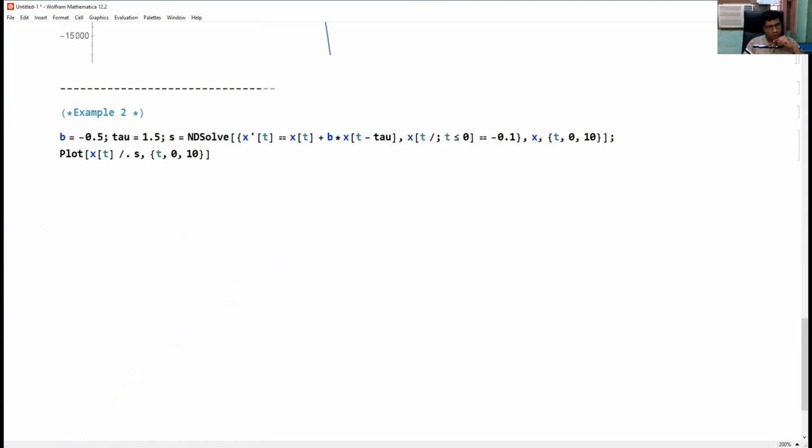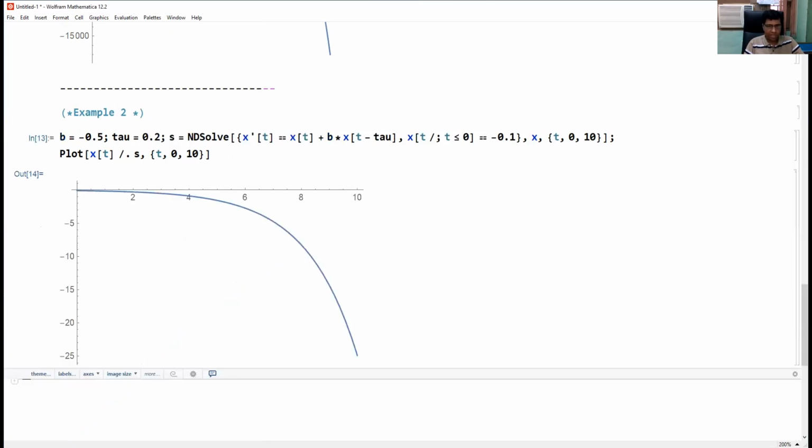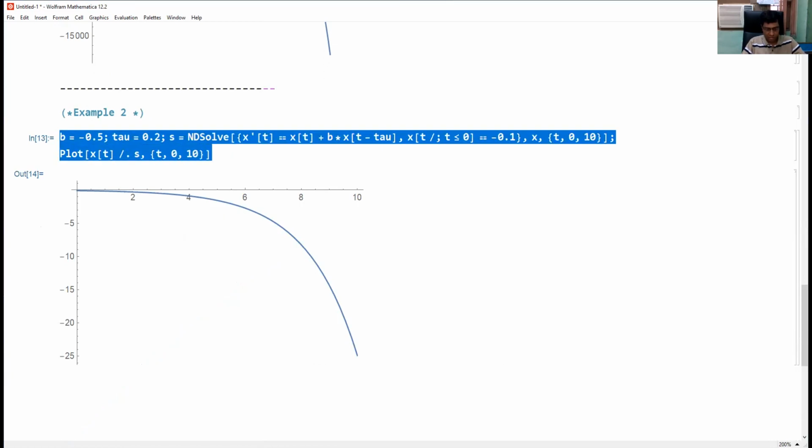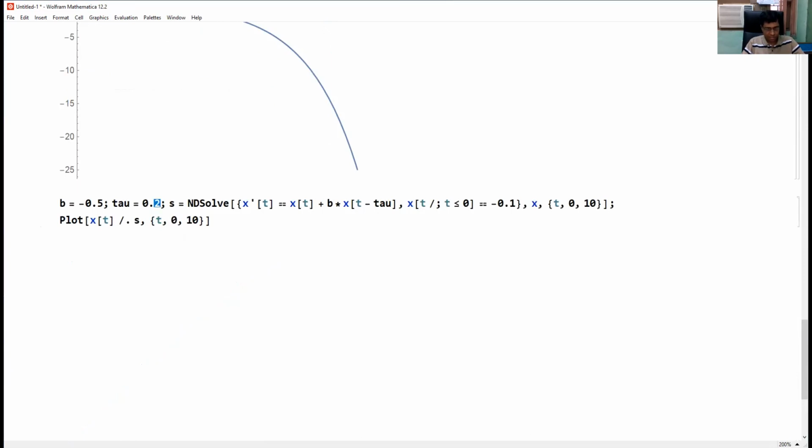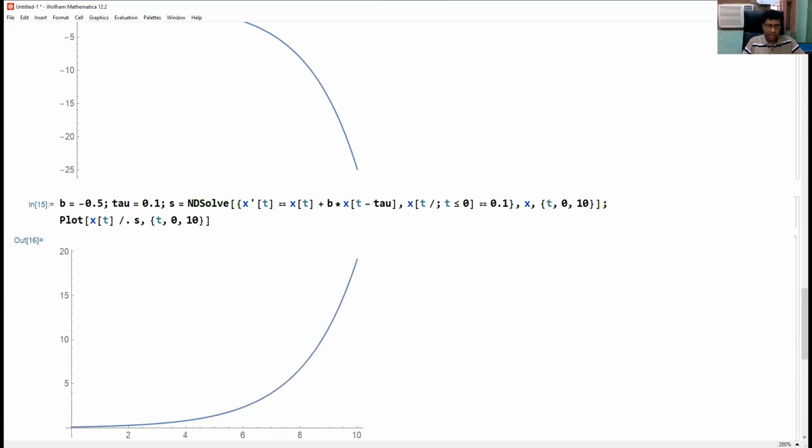Okay, and take any tau, you will get unstable solutions. We may take small tau 0.2. You can see that solutions are unbounded. We may change delay or initial condition. We are getting unbounded solutions.